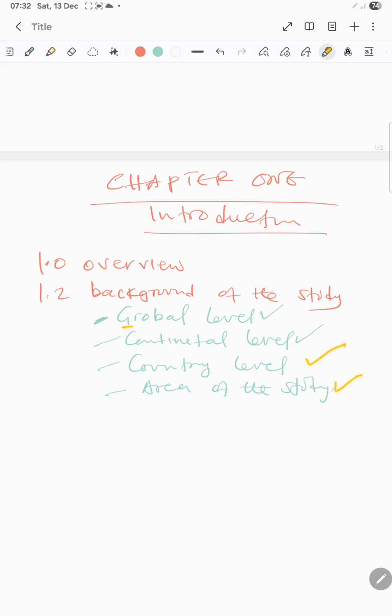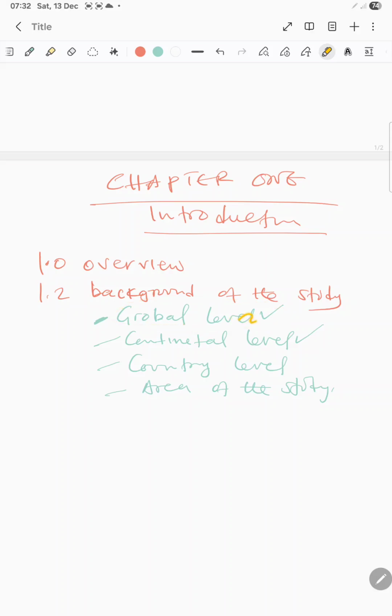So you say, for instance, if you are studying why there is a lot of fluency, or maybe let me change the topic. Maybe we can say why learners mostly fail religious education in secondary schools. So if that is your topic, then you should start by acknowledging authors that have written on the same topic at global level.